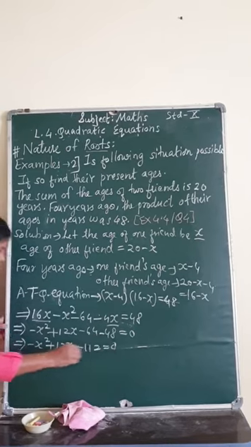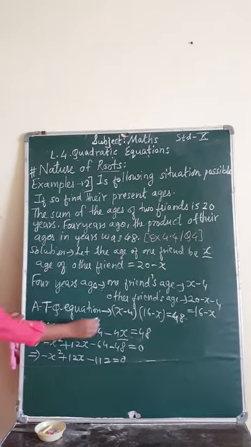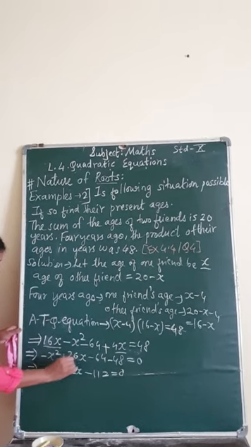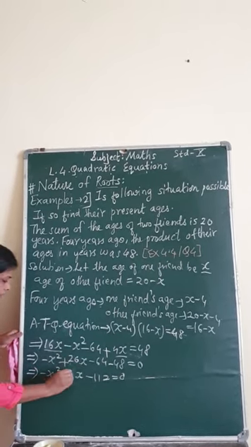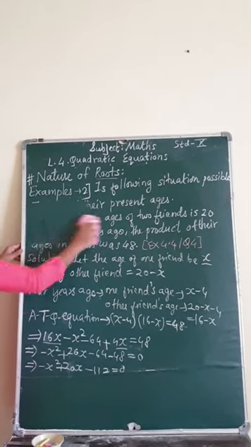So finally our equation is x square minus 20x plus 112 equal to 0, or equivalently minus x square plus 20x minus 112. Now using the formula.